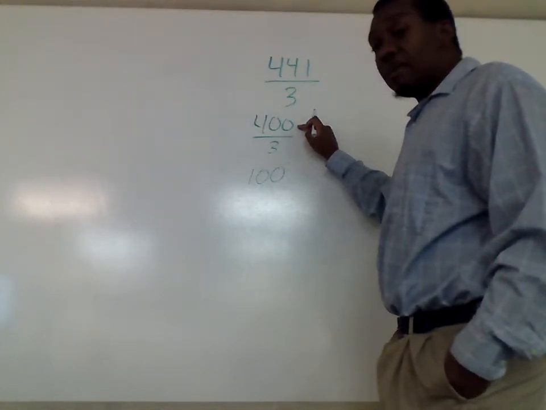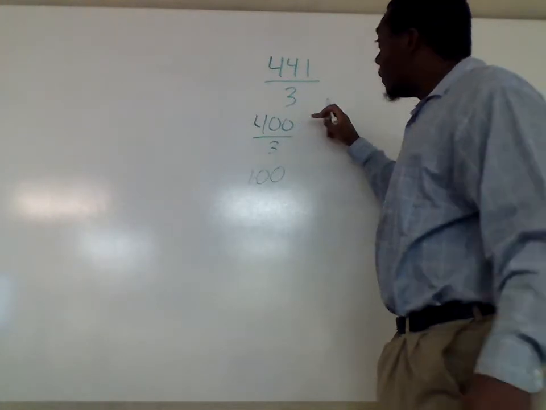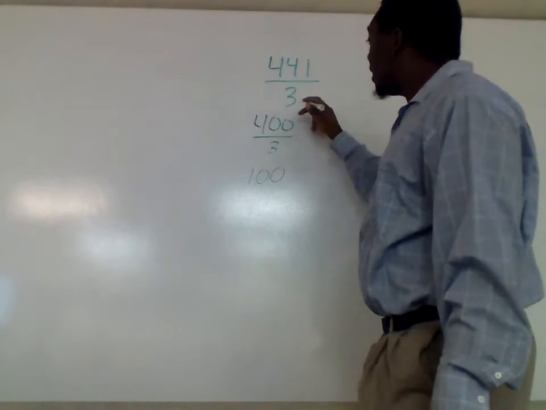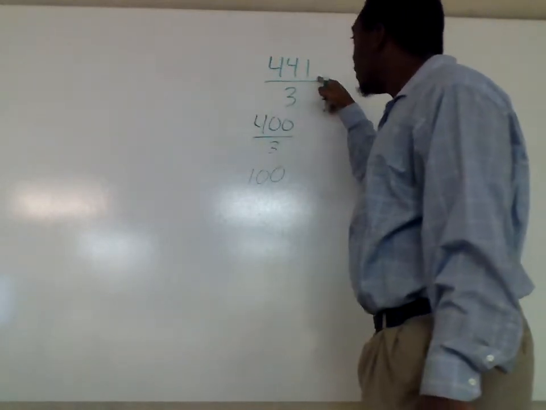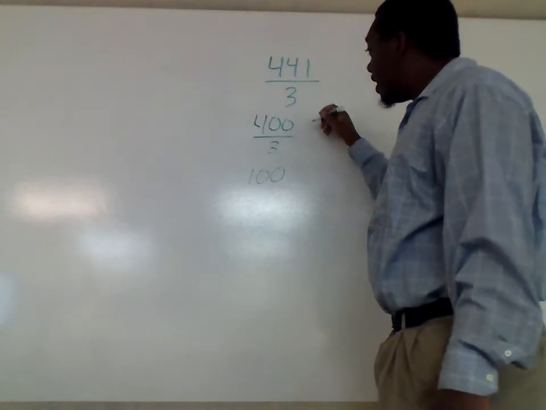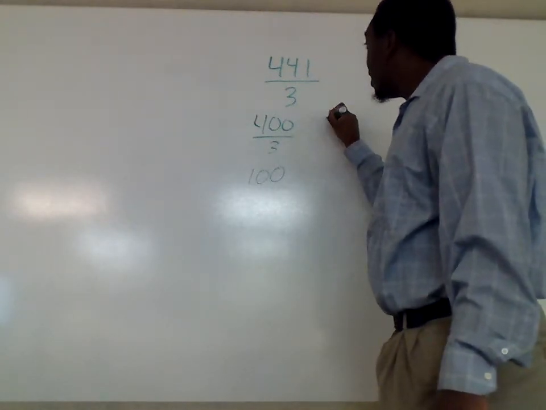We know that we will have a remainder of 100. So we're going to take the 441 divided by 3. We're going to take out 400 of that, and we're going to be left over with an extra 100.